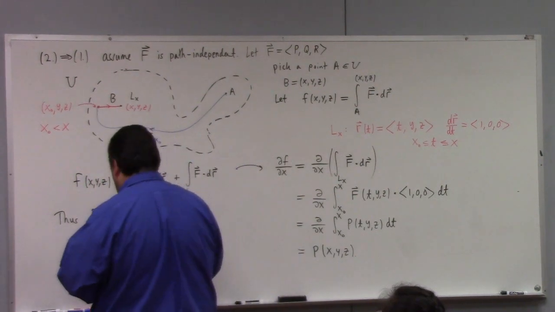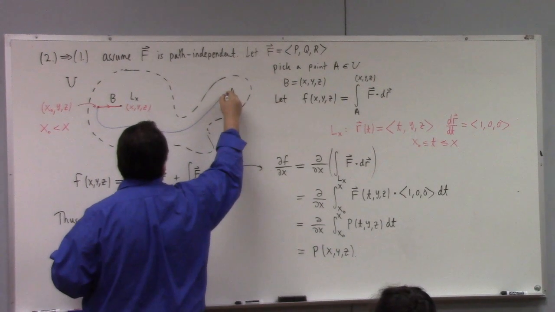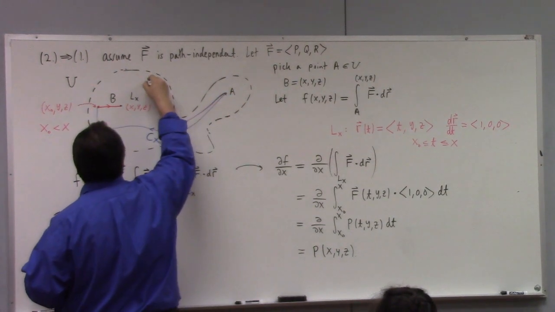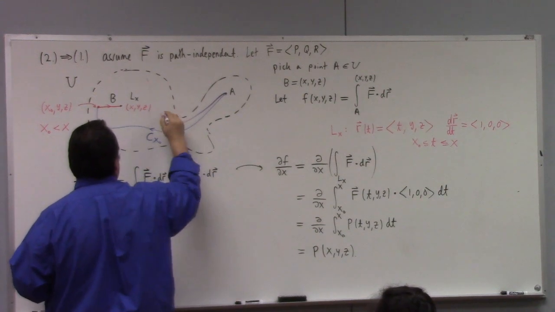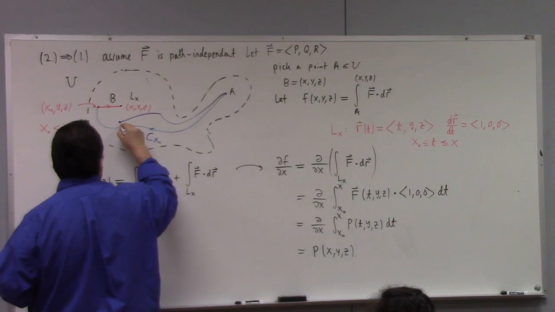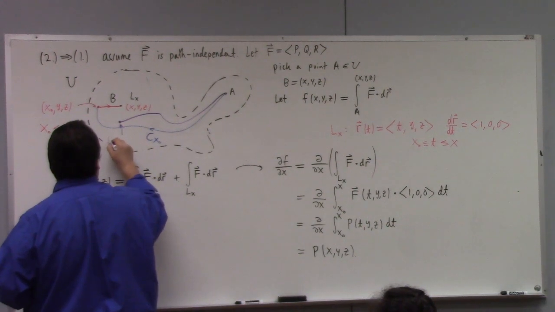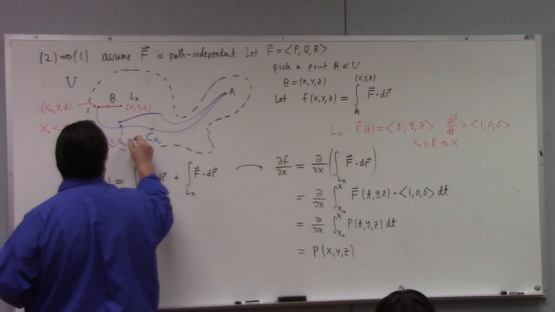I would do something like this, right? Like that. Come into here. This point would be x comma y naught comma z, right?